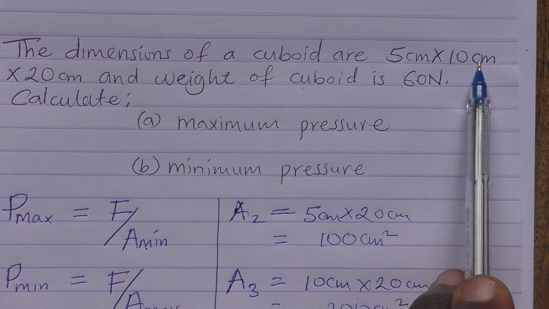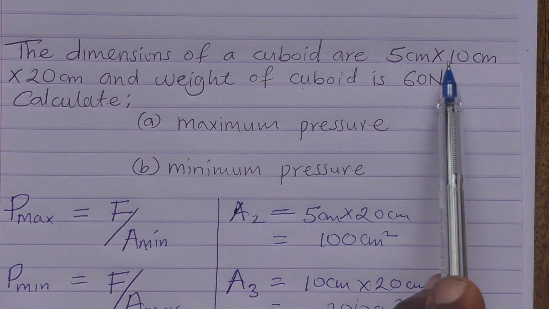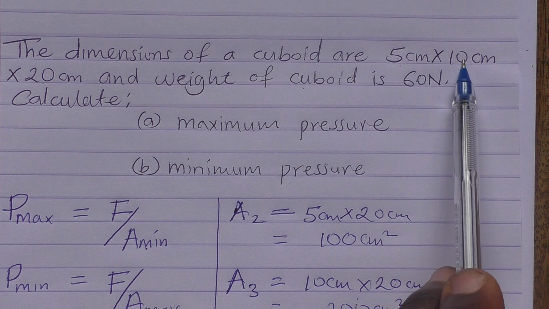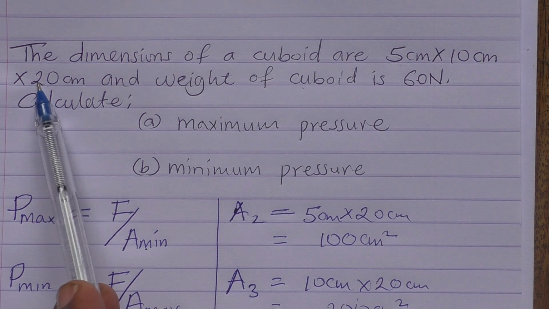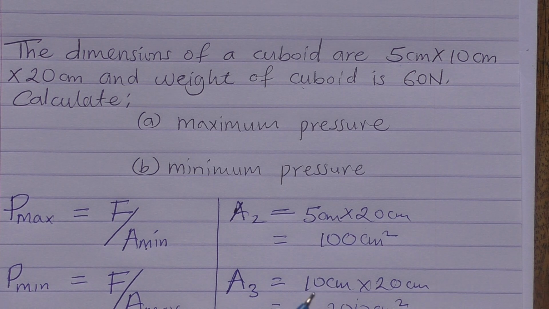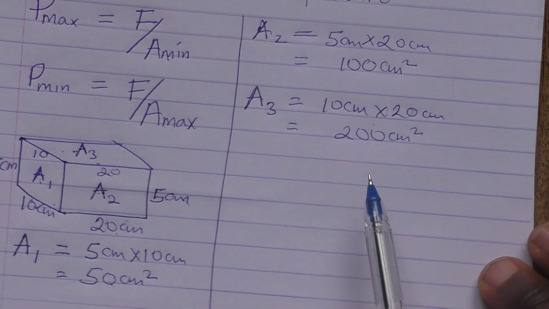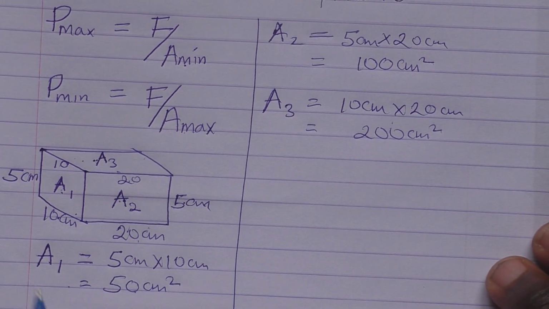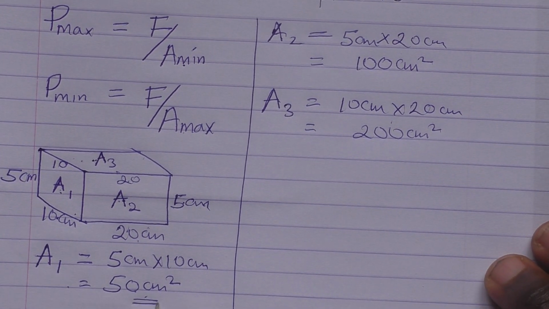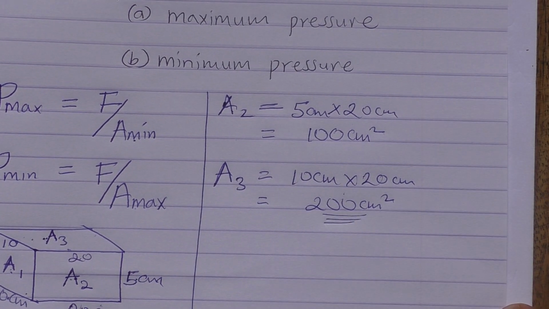This multiplies this and also multiplies this. And then this multiplies this and also multiplies that. Then from there we can determine which one is giving us the biggest value of area. And therefore, from what we have worked out, this is our minimum area and this is our maximum area.